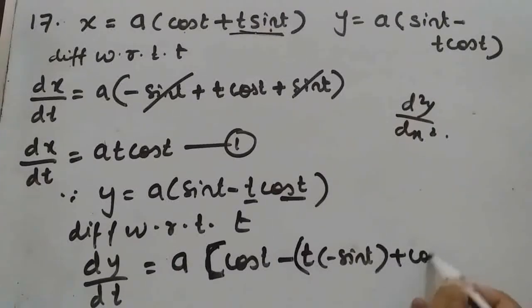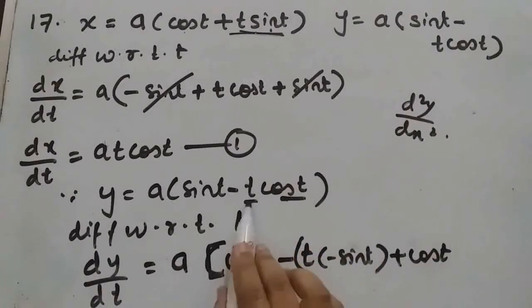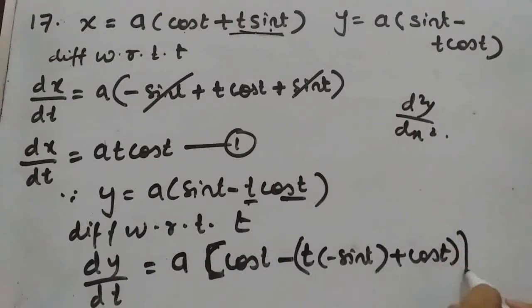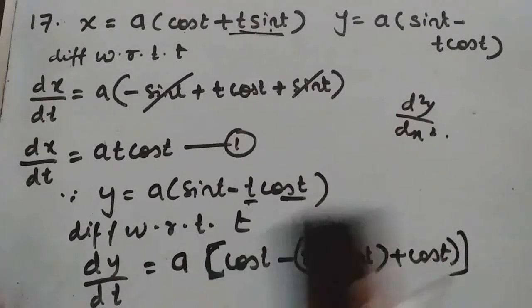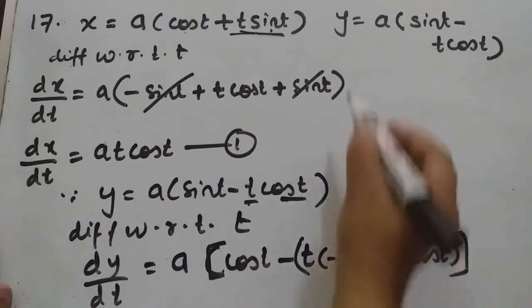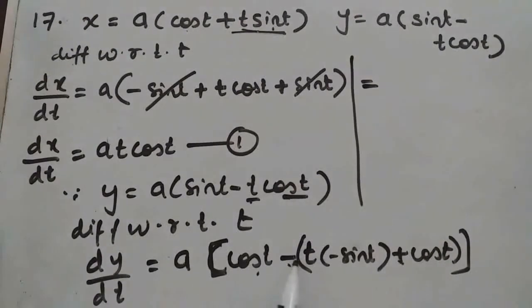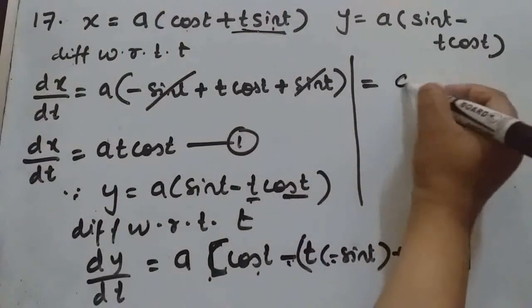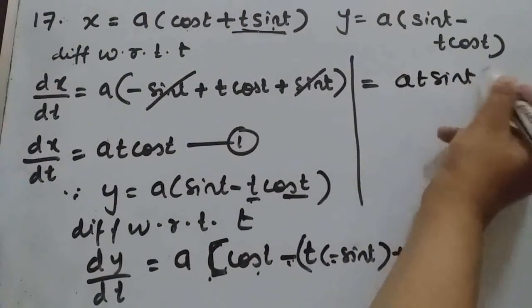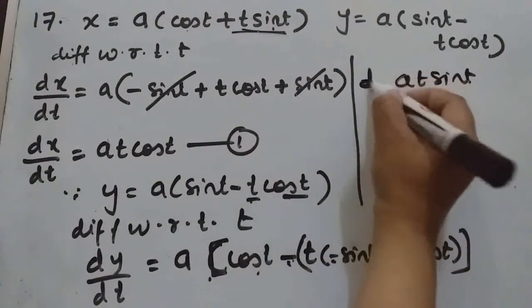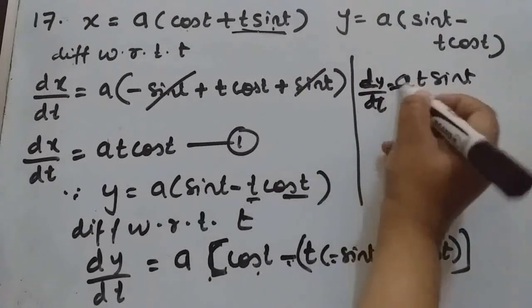Plus cos t same. Derivative of t is 1. So now see, cos t and this minus cos t will go. Answer will be plus t sin t. Already a is there. So a t sin t is the answer. This is dy by dt.